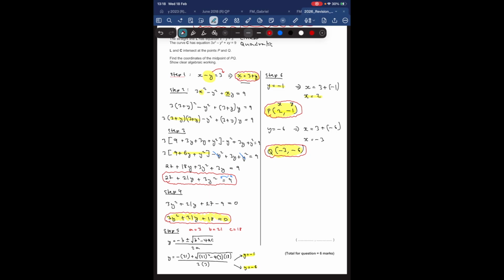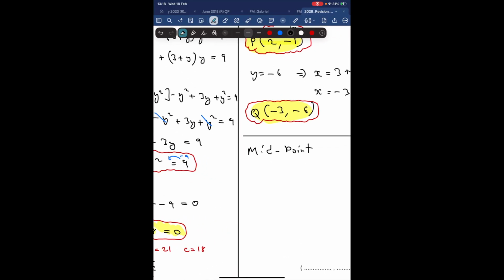The last step of the calculation, which is what they wanted us to work out, was the midpoint of P and Q. So I'm going to draw a separation line, and a quick reminder, to get the midpoint, we have to do a little bit of coordinate geometry, and we need to realize that the midpoint is going to be the mean of the x coordinates and the mean of the y coordinates for our 2 points.